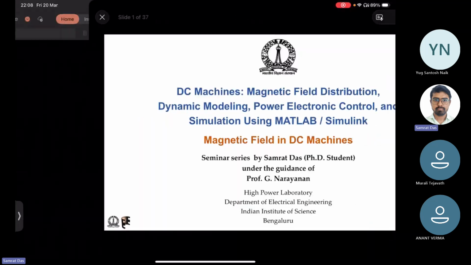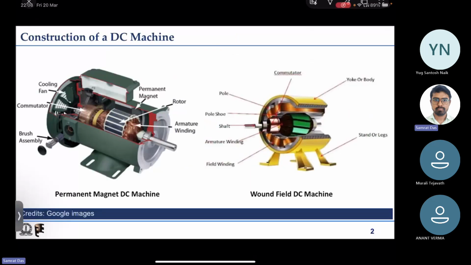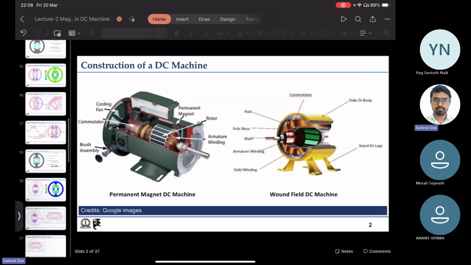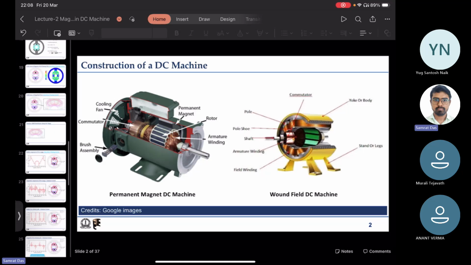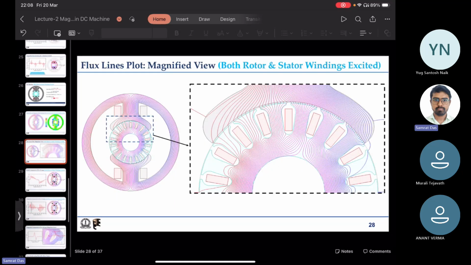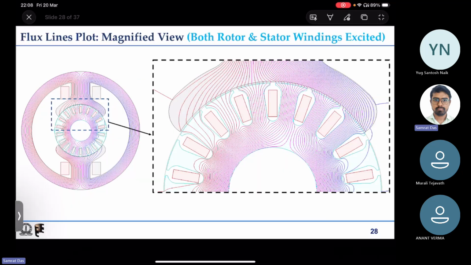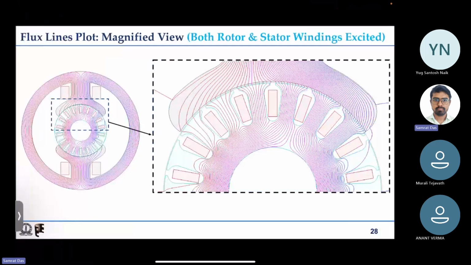If you take a zoomed in view of the flux line distribution, we were here. The conductor is situated in the slot, which has no flux lines. So it is not physically true.